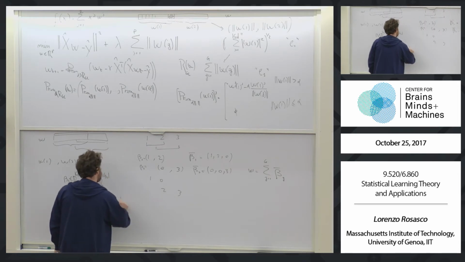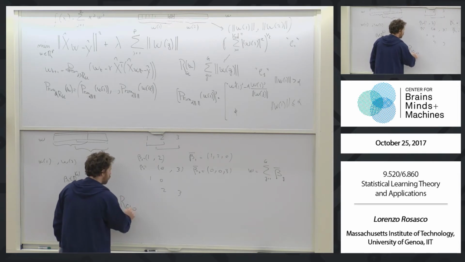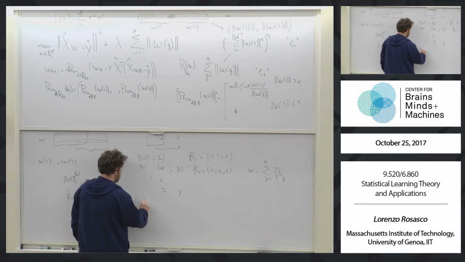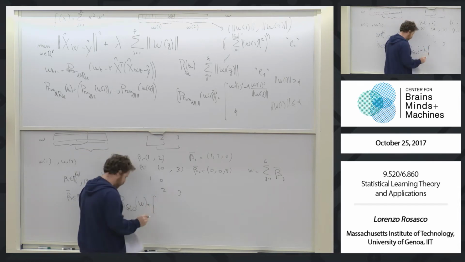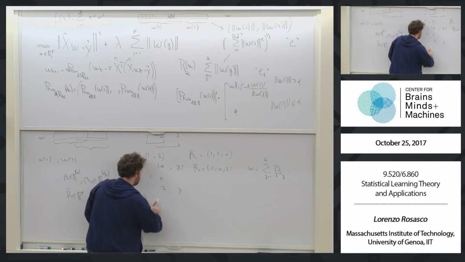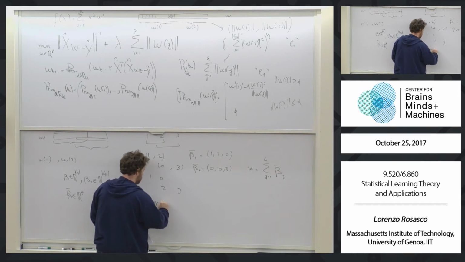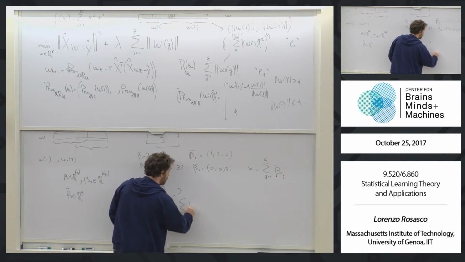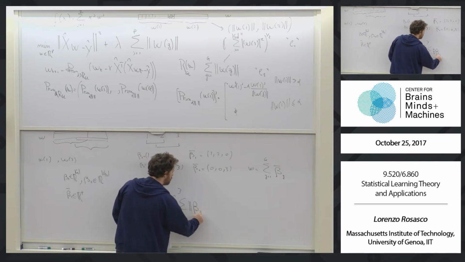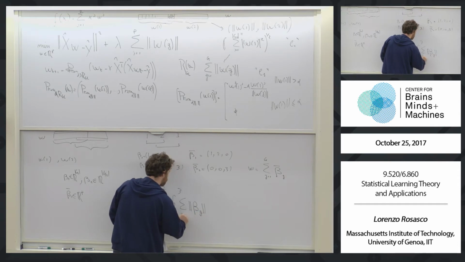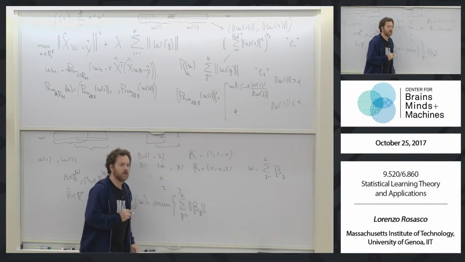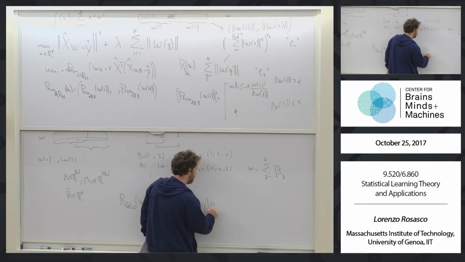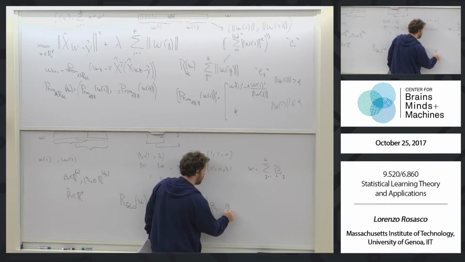Let me write it down. So we are going to call this the group lasso with overlap penalty. And what we want to do is to minimize the sum of the norm of bg, where g goes from 1 to G, over generic vectors b1 to bg.